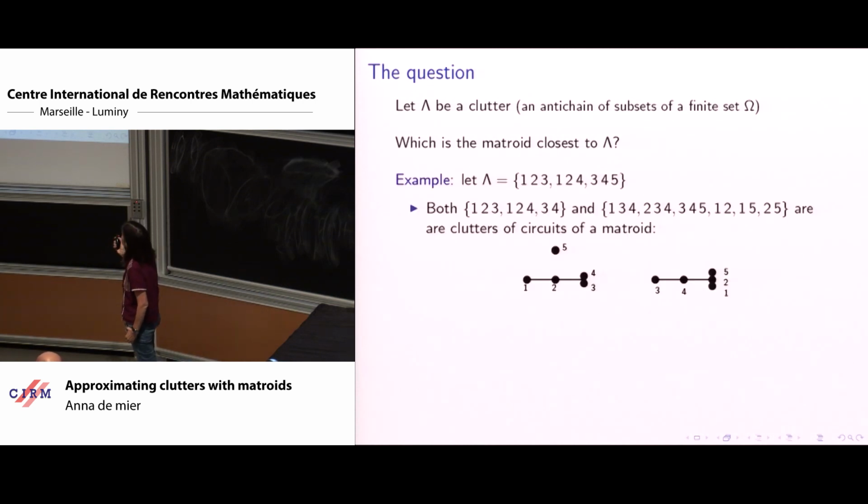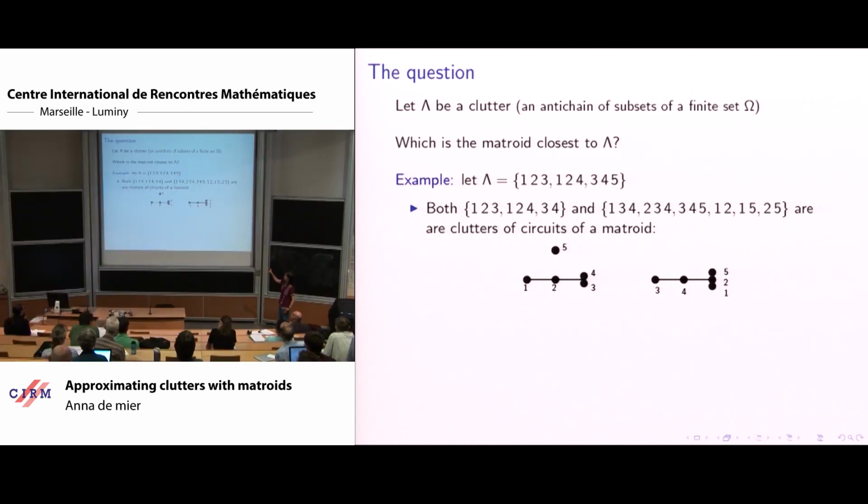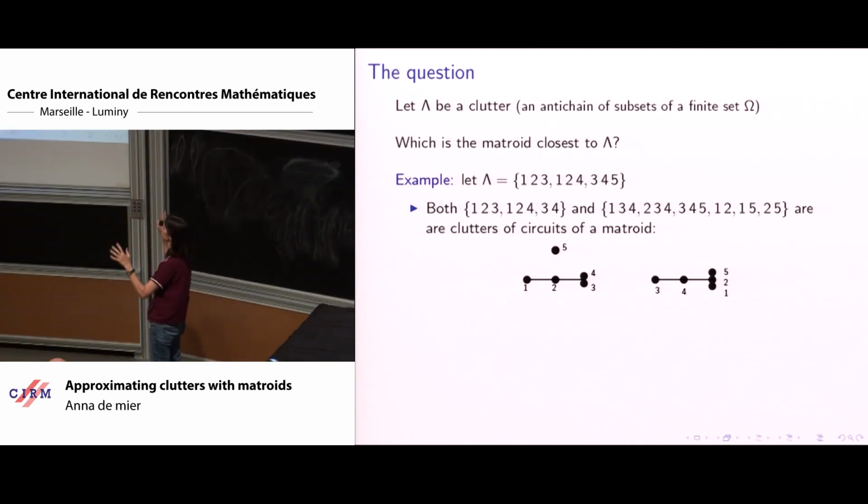Here's an example with a clutter on 3 elements. This 1 2 3 means the set {1,2,3}, but I don't write brackets or commas to make things easier. These two clutters are clutters of circuits of a matroid, and they somehow resemble the first one. They should be candidates for being close.